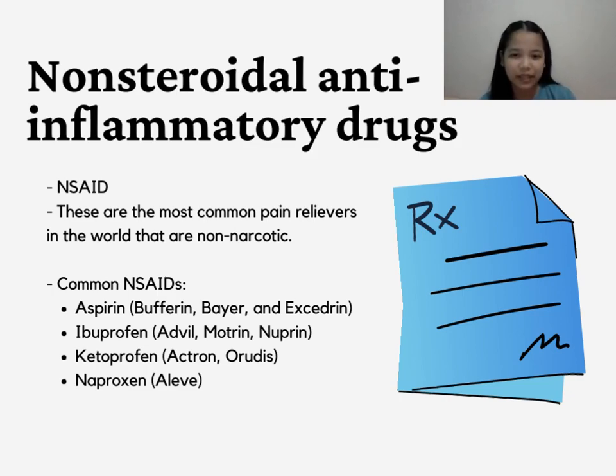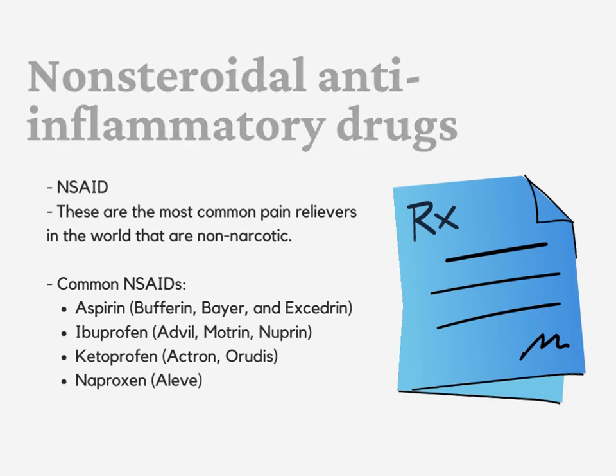NSAIDs dampen down the pain that you experience in short-term injuries such as strains, joint sprains, backaches, headaches, or just general discomfort that you got after an injury. Common NSAIDs include aspirin, the very famous ibuprofen, ketoprofen, and naproxen.